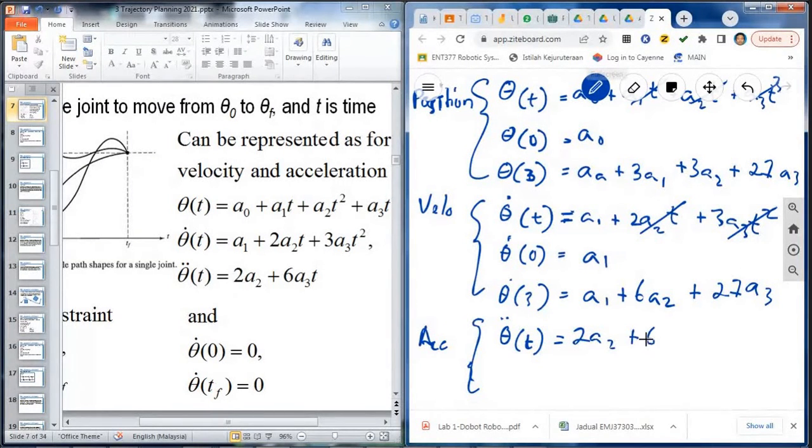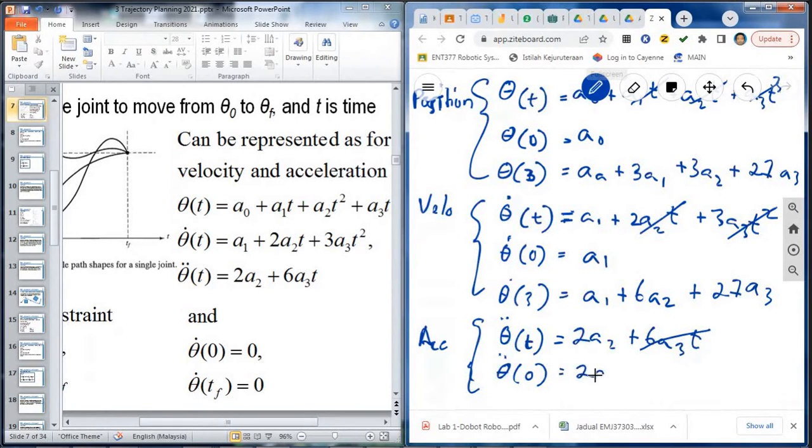2A2 plus 6A3. So at acceleration at time 0, this one can be cancelled.